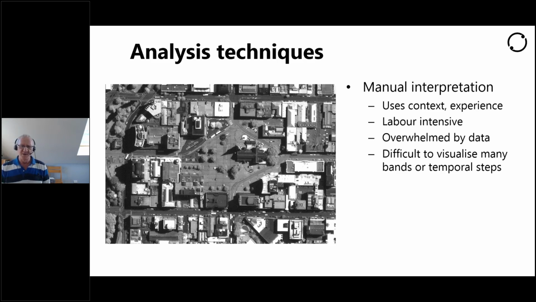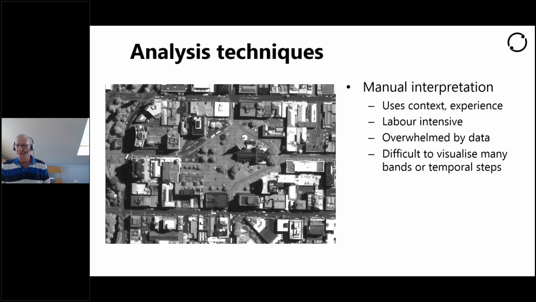Those of you that know the area could probably even tell me that that is Christchurch Cathedral Square pre-earthquake. So we bring a wealth of experience and are very good at looking at images at different scales simultaneously. You're not going to get confused by some of the detail in the buildings. You can still see that as a whole building quite easily.